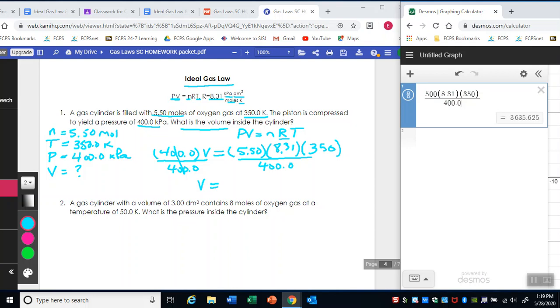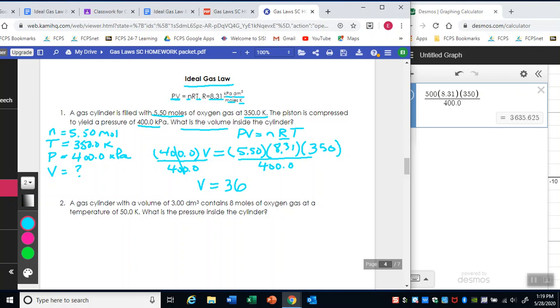What I had, significant digit wise, is 3 significant digits. My temperature was 4 significant digits and then 4. So I need 3 significant digits.